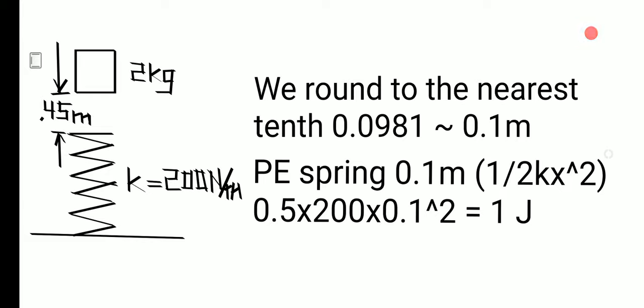So 0.0981, we're just going to say 0.1. So the potential energy of a spring at 0.1 would be 1/2 kx squared, where x is 0.1. We plug in the numbers and we get 1 joule. So at the equilibrium position, the spring is going to have absorbed 1 joule of energy from the block.